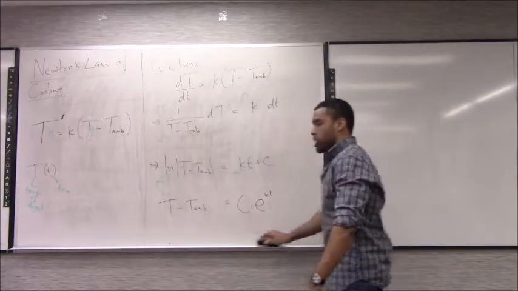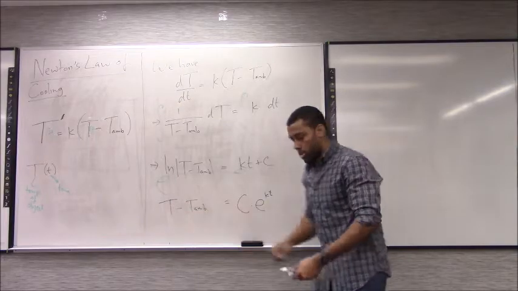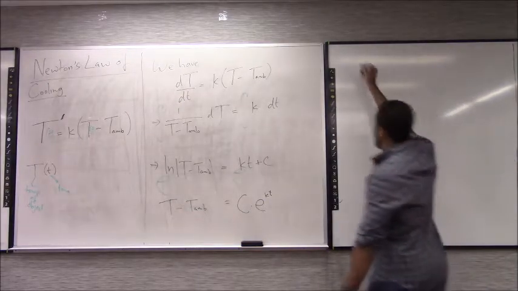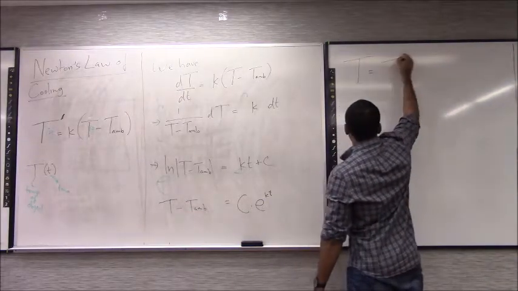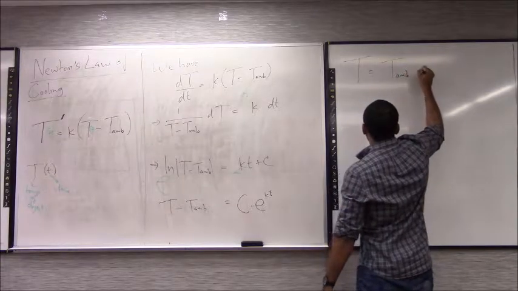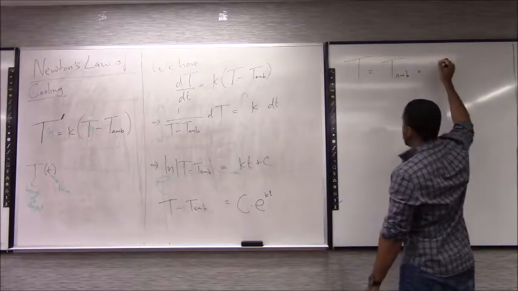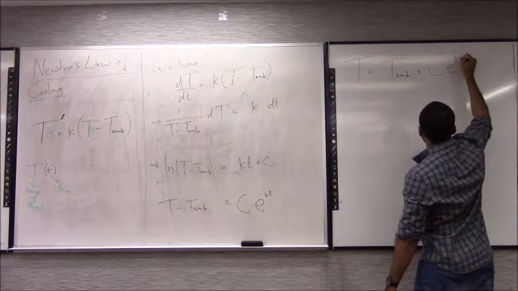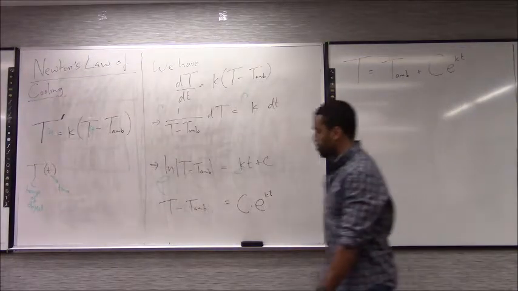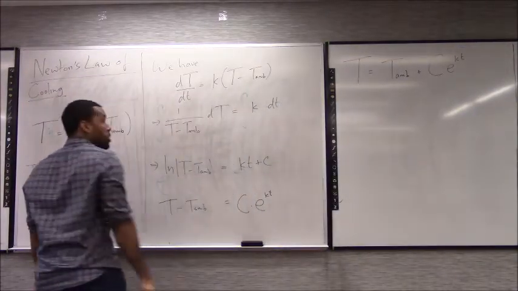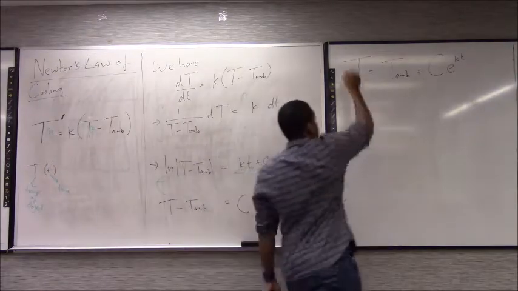But even if we wanted to generalize it, it's okay to not worry about the plus or minus here. And so now we know that the temperature of the object is going to be the surrounding temperature plus some constant times an exponential function. And this is the solution to Newton's cooling law.